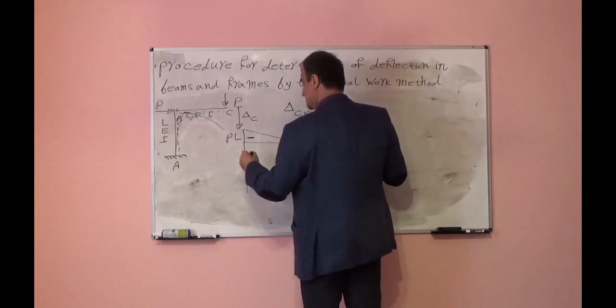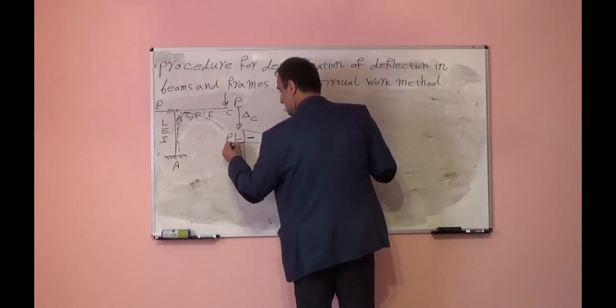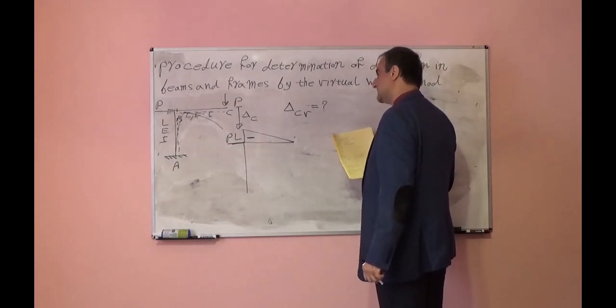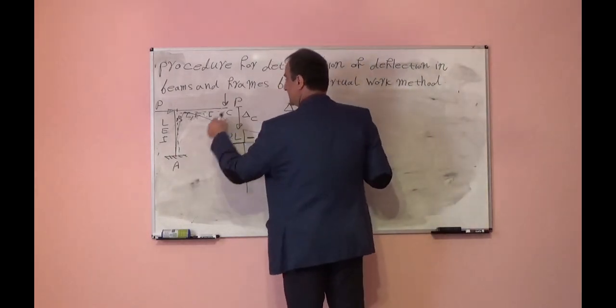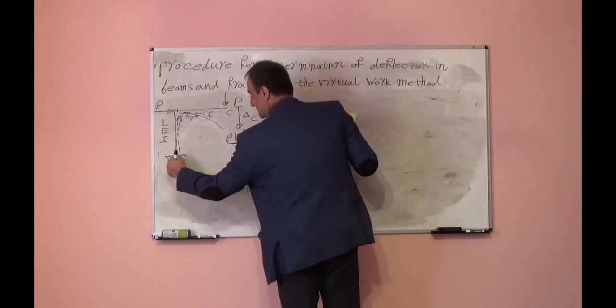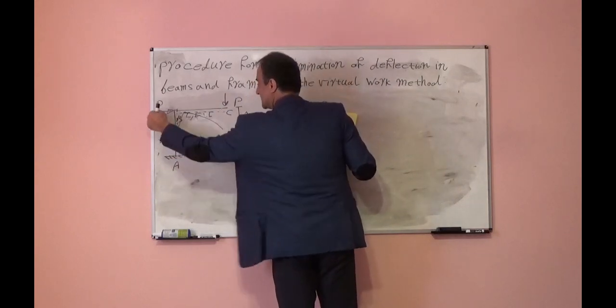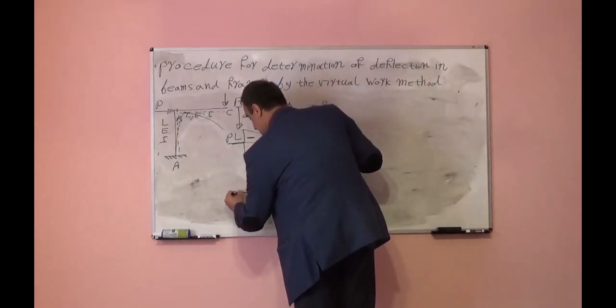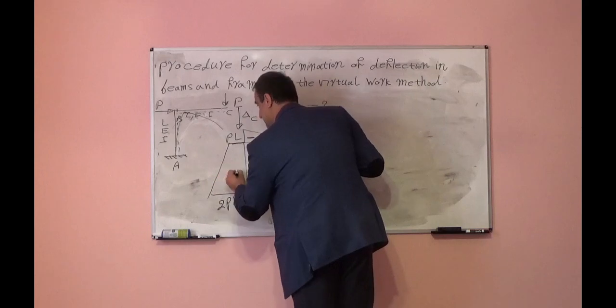Joint B is a rigid joint, so we will have the same moment on the other side. At point A, what is the moment? At point A, the moment will be P times L plus P times L, so it will go to 2PL, again negative.